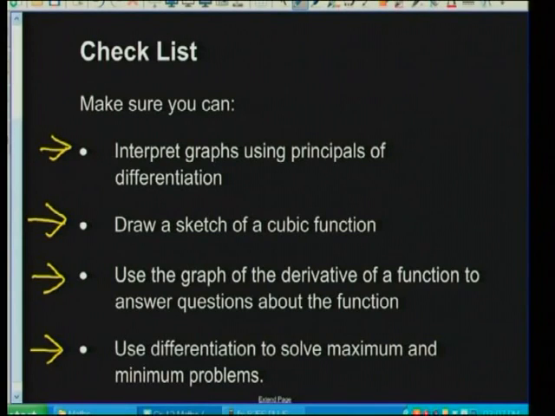And lastly, we're going to have a look at solving problems involving maximum and minimum. These are all really important concepts in calculus, and if we just go back to the basics of what we know about calculus, generally they're pretty fun and not too bad to work out.